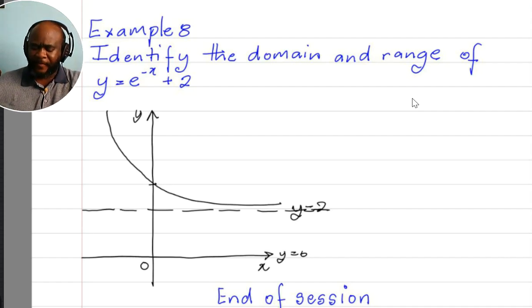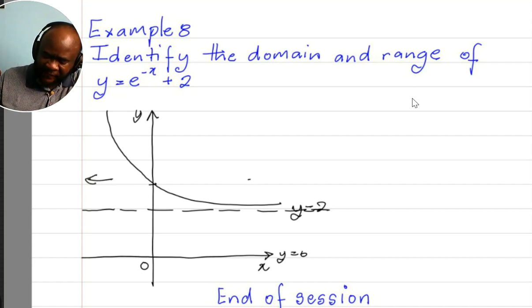So you can clearly see that the values of y do not fall below y is equal to 2. But the values of x could be any value in that direction and any value in that direction.